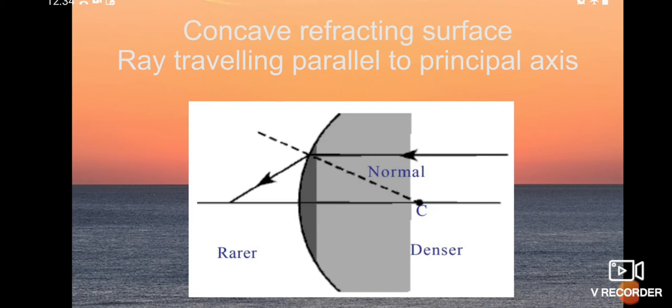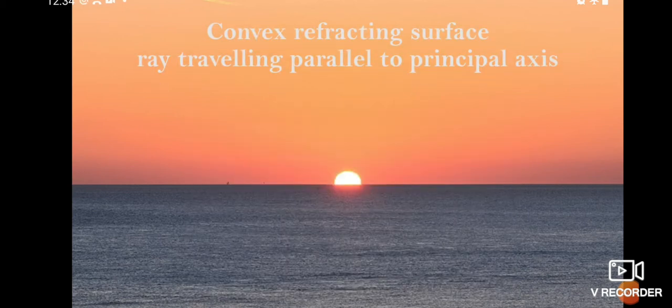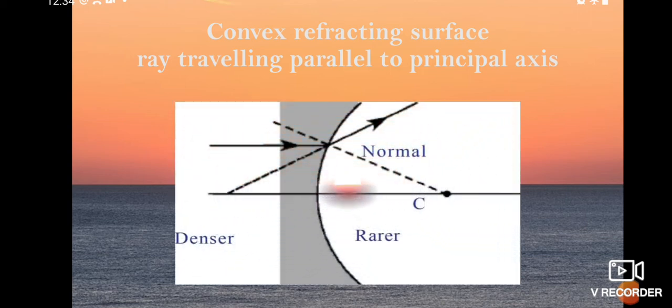Okay students, in the next case, the convex refracting surface, with the ray traveling parallel to the principal axis. Let us watch the ray diagram.